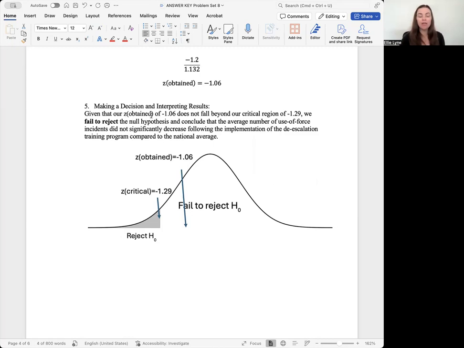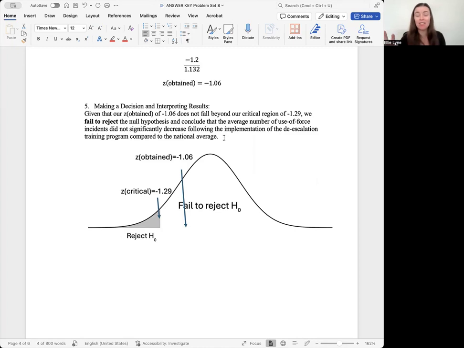Given that our z-obtained of negative 1.06 does not fall beyond our critical region of negative 1.29, we fail to reject the null hypothesis and conclude that the average number of use of force incidents did not significantly decrease following the implementation of the de-escalation training program compared to the national average.